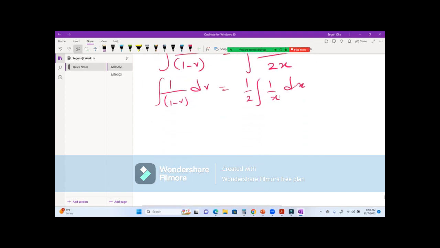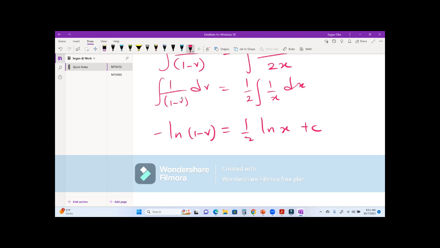So if you integrate this one, you have minus ln of 1 minus v equals to 1 all over 2 ln x plus c.